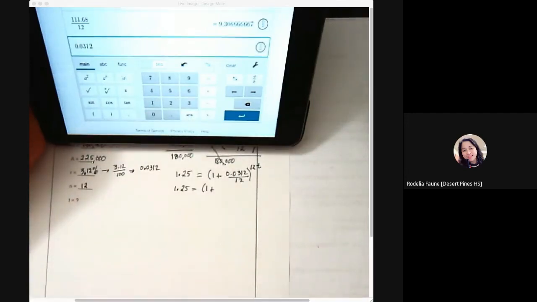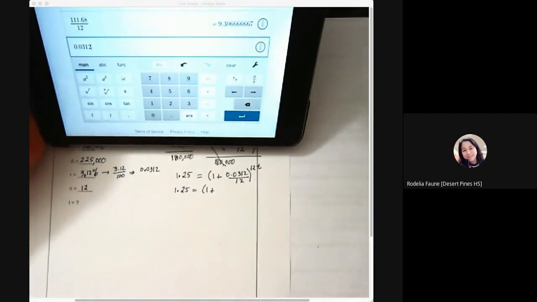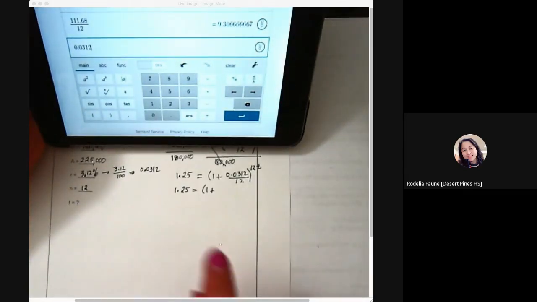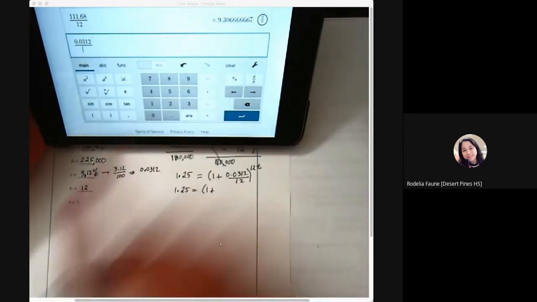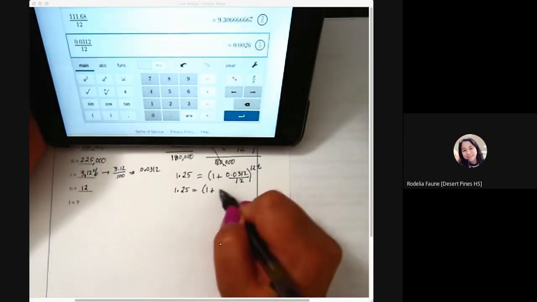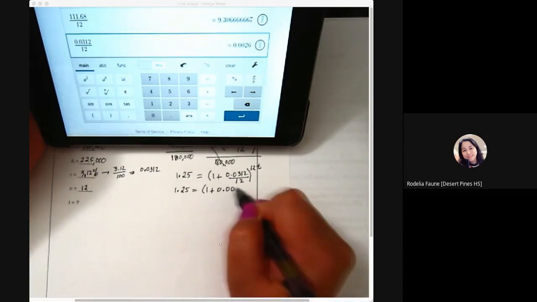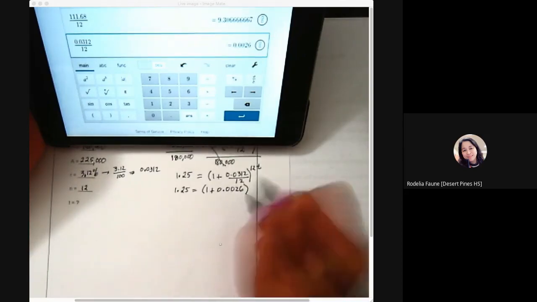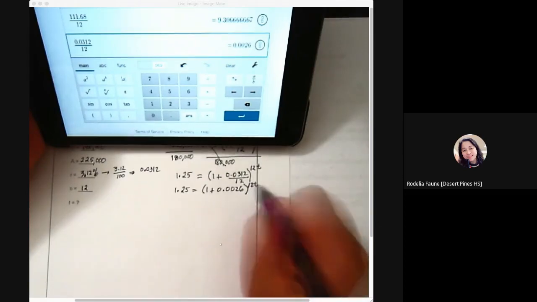I am showing the Desmos because some of you emailed me and want to know how to use it. Divided by 12. So this fraction is equivalent to 0.0026. Raise it to the power of 12t.